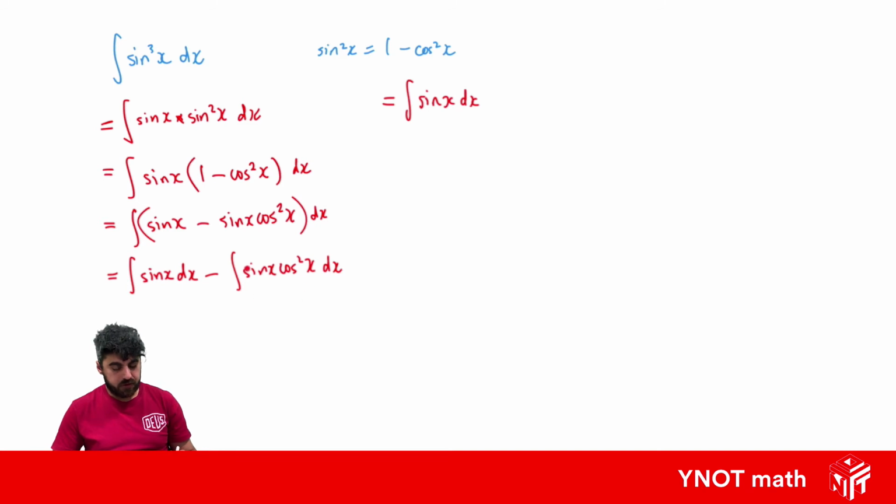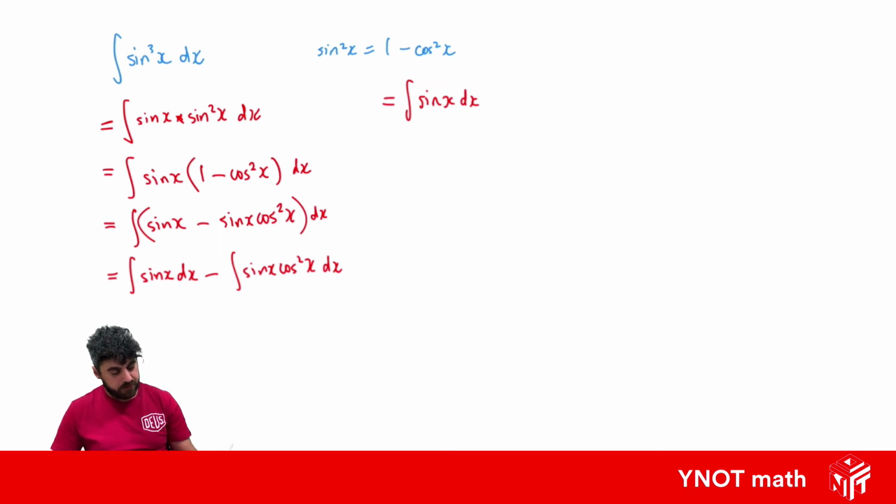Now, for the integral of sine x cos squared x, whenever we have a product of trig functions, we can think about one being the derivative of the other, especially when they're sine and cos, because we know the derivative of sine is cos and the derivative of cos is minus sine. So looking at this, the one with the larger power is the one we want to treat as our substitution.